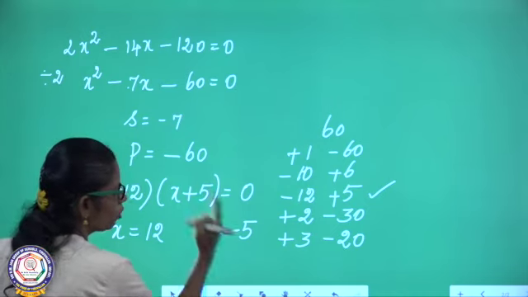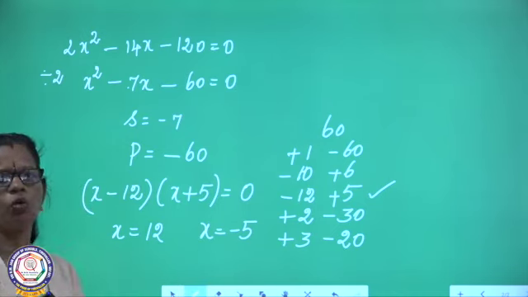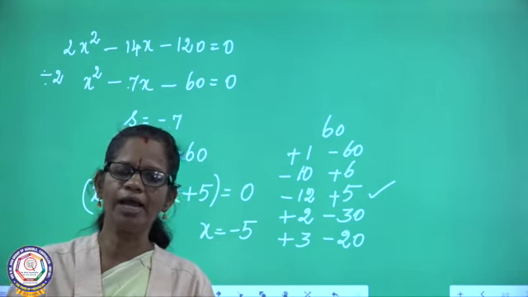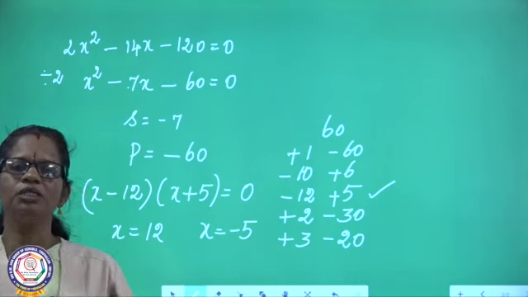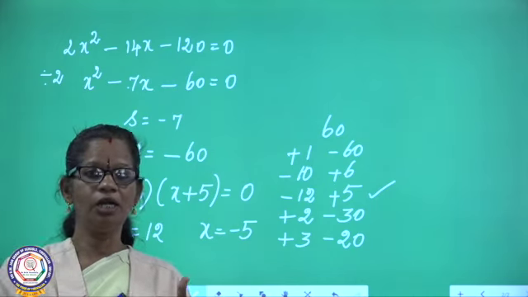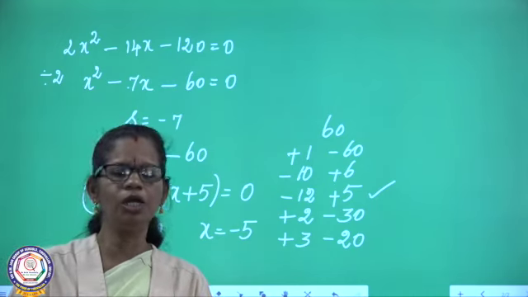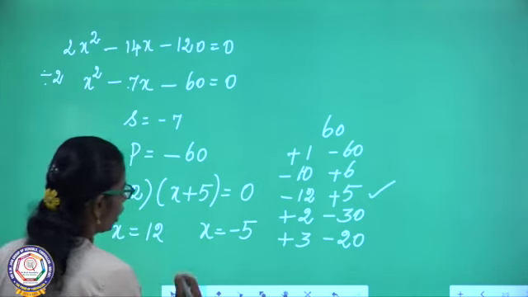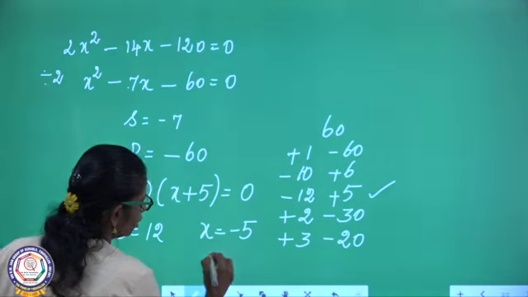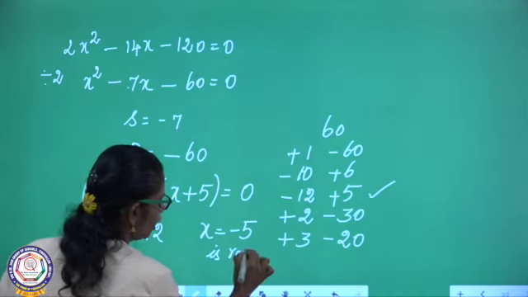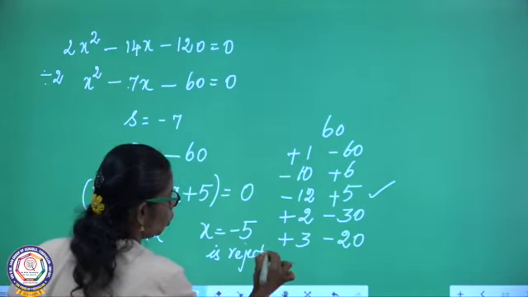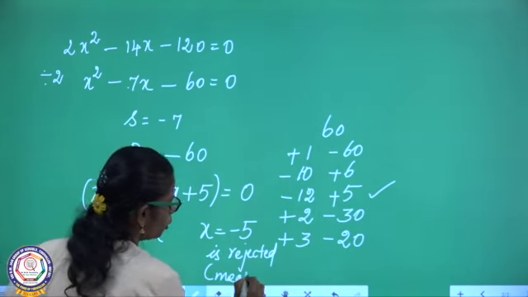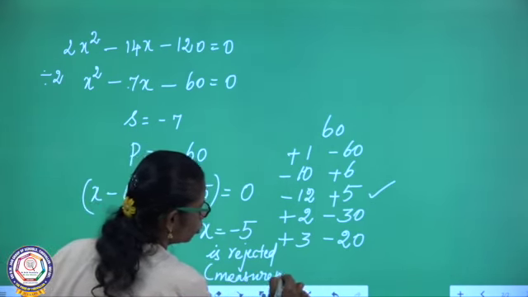Now, x = −5 is rejected. Why? Measurement we cannot say as negative. If I ask you your height, how can you give the result? Miss, I am 150 centimeters. Will you say minus 150? No, that is not possible. So x = −5 is rejected because measurement cannot be negative.